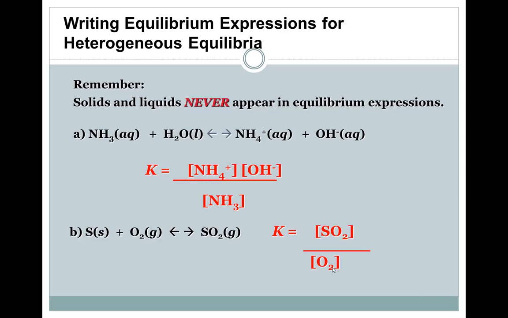So here's another example. Because water is liquid, it is not included here. We have NH4, OH minus, and NH3, and that's it. On this one, the right-hand side is SO2. The left-hand side is O2. Sulfur was not included because it's a solid.